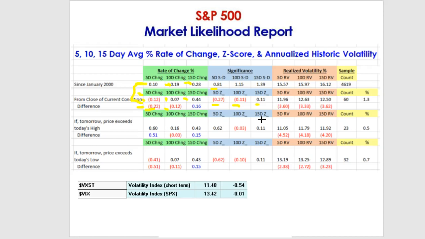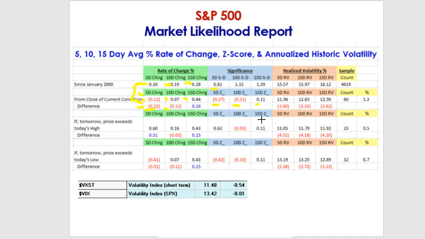We take those 60 occurrences and divide them up into those times when the market penetrated Friday's high. Starting Monday, if the market goes above Friday's high, what was the rate of change in that situation? And what if the price goes below Friday's low on Monday?